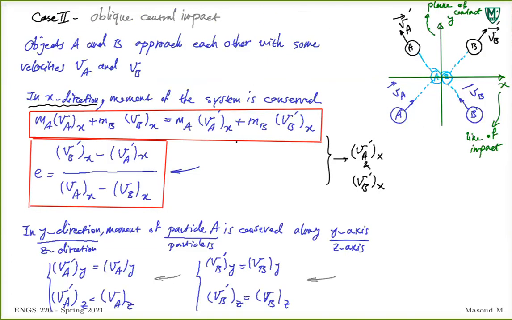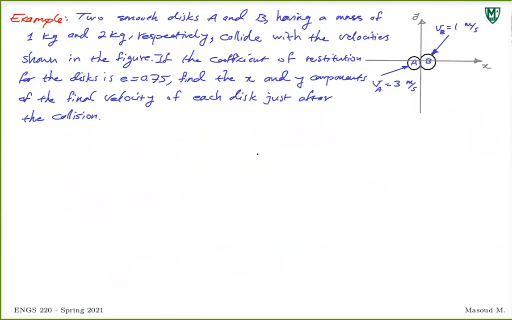Let me go back here. So in X direction, all right, we have these two equations. In Y direction, the momentum is conserved for both particles, for both objects. So to make our life easier, let's do the same thing we did for the previous example. Let's just find the components of velocity for these two objects along a plane of contact and a line of impact, right?